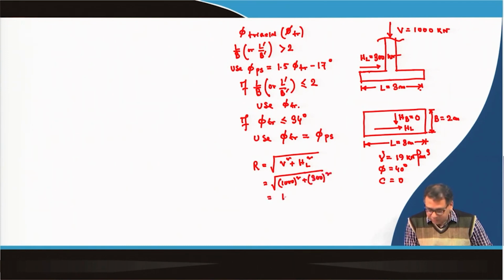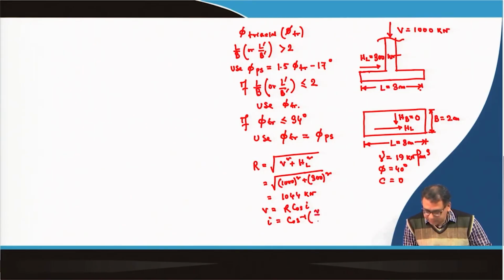So, this is equal to 1044 kilonewton, and for the angle, you know that V is equal to R cos i, or alpha. So, i is equal to cos inverse of V by R, which is equal to 16.7 degree here.